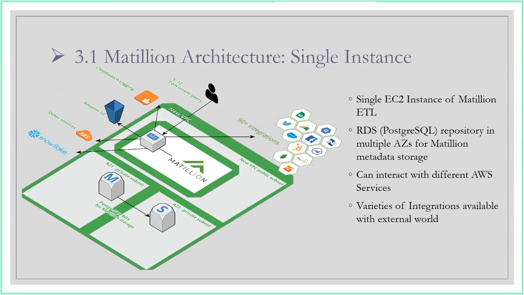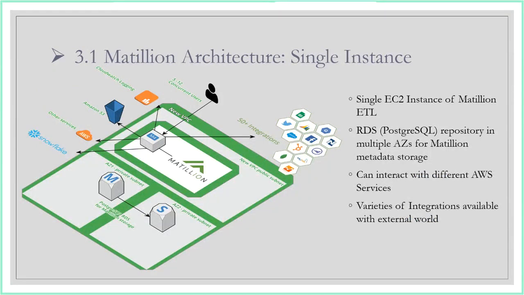Now, if you see, this is a Matillion architecture, which is getting launched in an AWS cloud environment, and it is for Matillion for Snowflake. Now, when I was saying that we are working on Matillion, or we are logged into Matillion, Matillion is actually running on top of one EC2 machine.